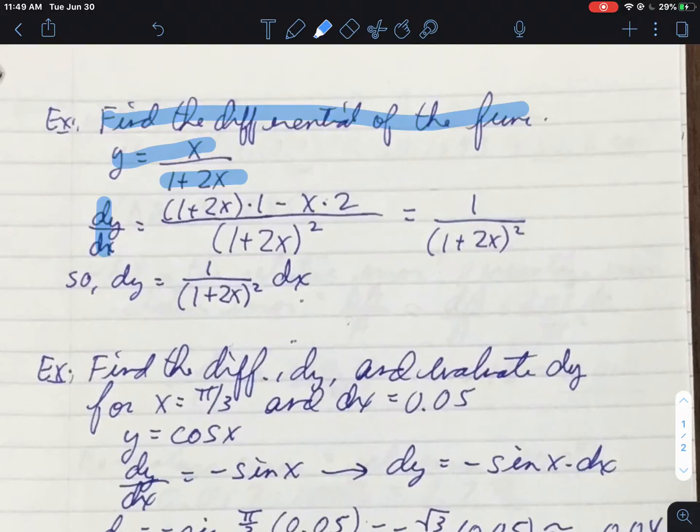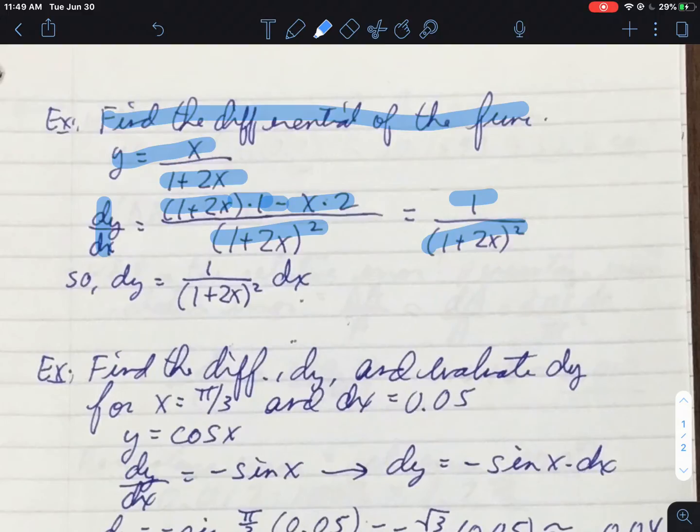In this case, it's a quotient rule, right? It's low d high minus high d low over low squared. And then when you simplify, I've got a plus 2x minus x, minus 2x, excuse me. And then there's a 1 up in the front of that. So you simplify that, and I've got just 1 over 1 plus 2x squared. Now what is that? That is dy dx. That's our derivative, right? That's what I would use to get the slope of the tan line.